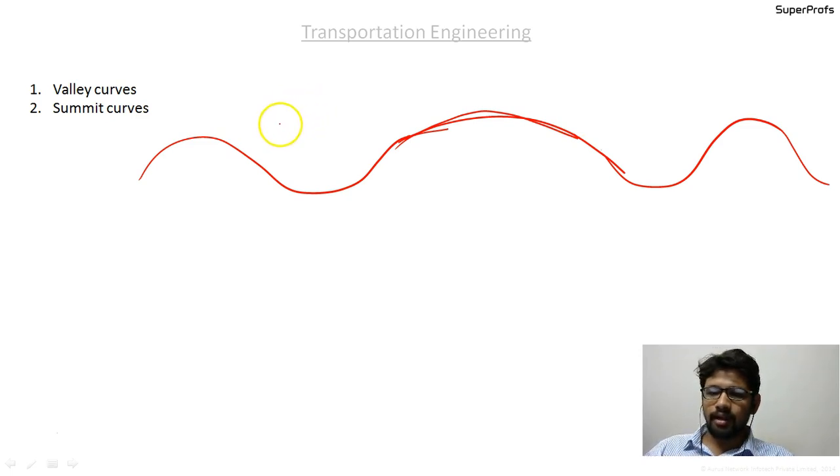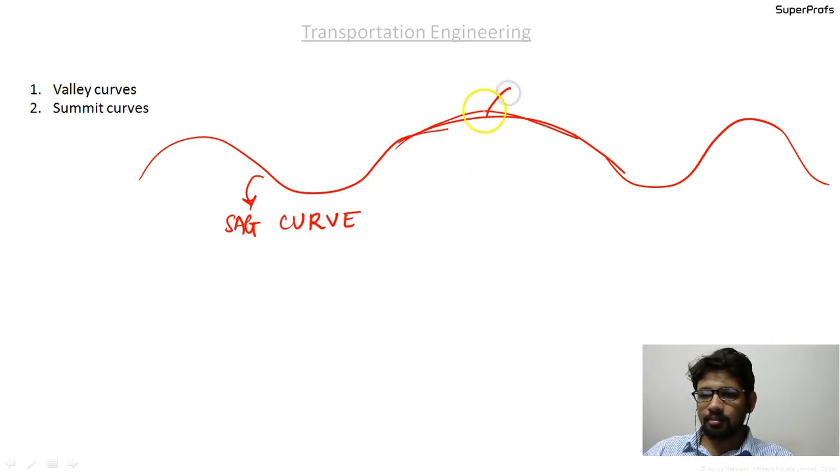So the valley curve is also called as sagging curve, sag curve. Just like the sagging and bending of beam. This is the sagging region. And this is the summit curve, that is the hog curve.